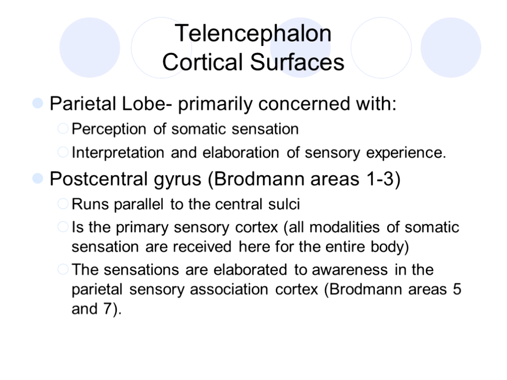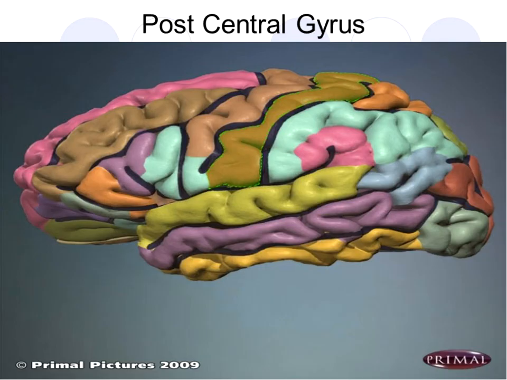All right. So we've already looked at the post-central gyrus and Brodmann's areas 1, 3, and 2. But the awareness of the sensation is elaborated in Brodmann's areas 5 and 7. Okay. So here's the post-central gyrus in this green.